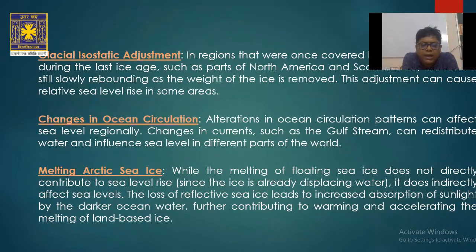Maybe the icebergs and the floating ices are frozen nowadays, but over time temperature changes will cause deglaciation of that, and the direct loss of reflective sea ice leads to increased absorption of sunlight by the darker ocean water, further contributing to warming.